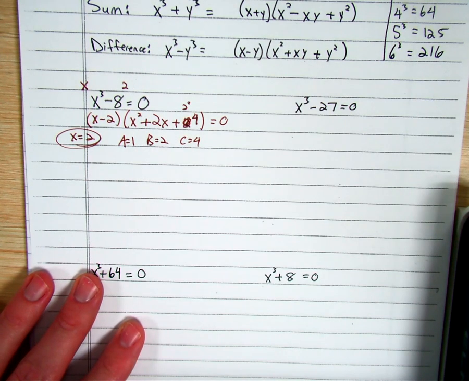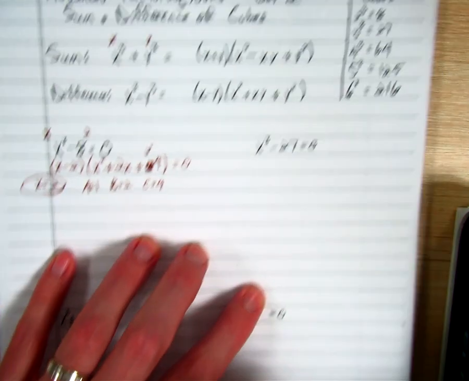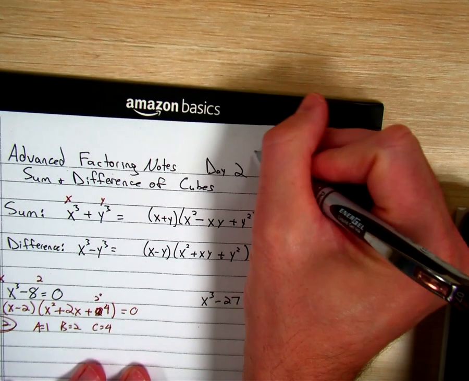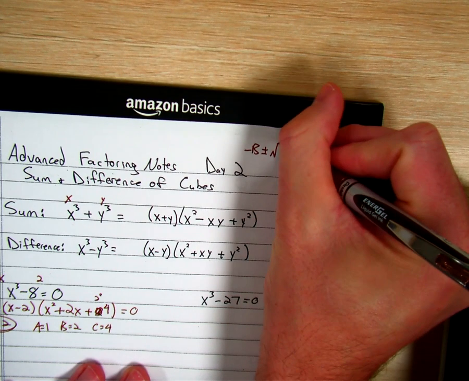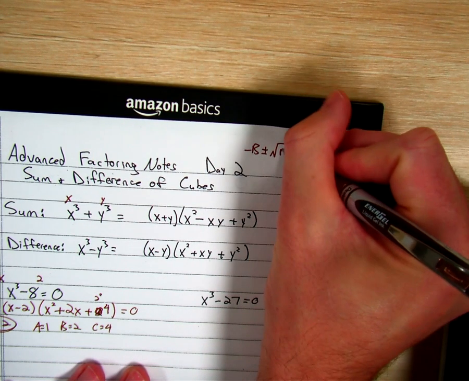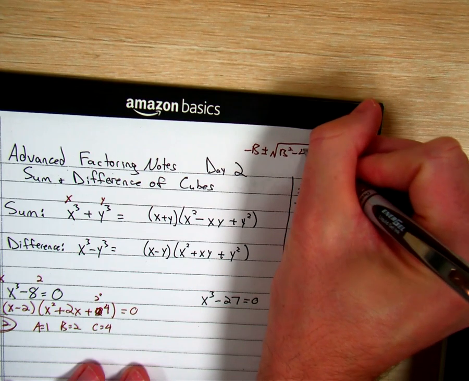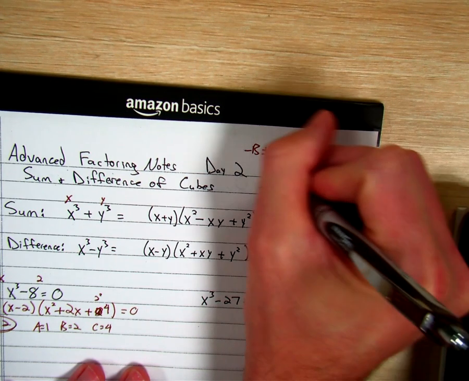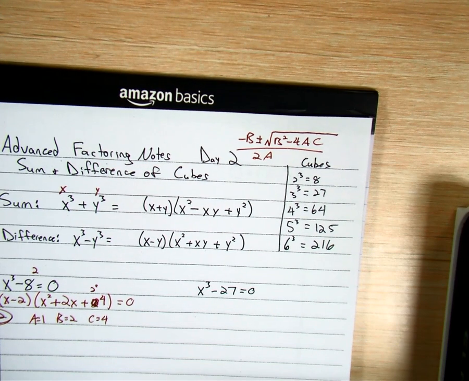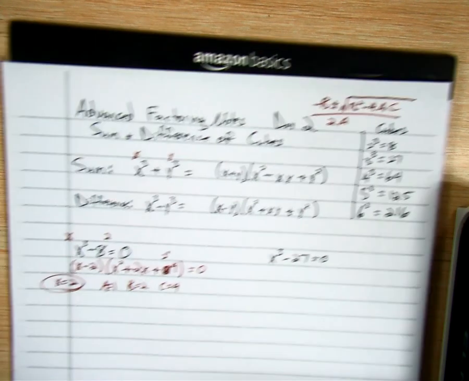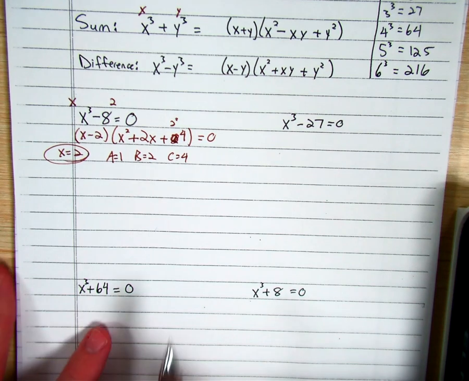So our quadratic formula, if you need to write it down, let's write it down. We got negative b, plus or minus, big square root symbol, b squared minus 4ac, all over 2a. Let's apply that over here.